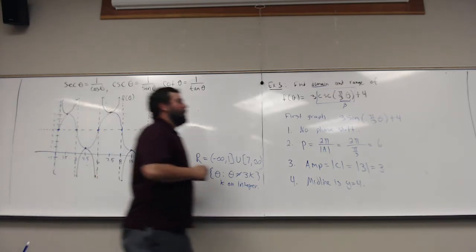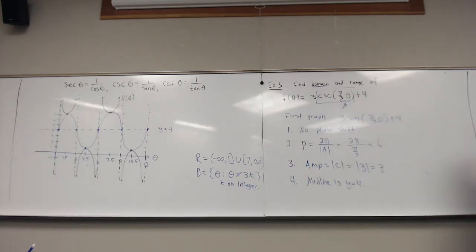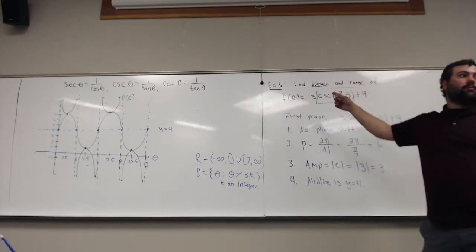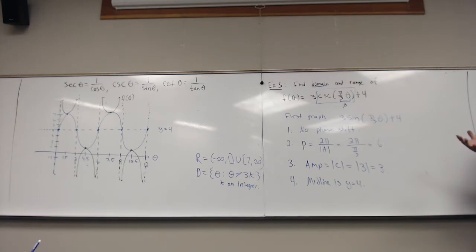Okay. On a test, if I ask you to find a domain and range of a transformed cosecant or secant graph, you can do it by hand like I did at first, or couldn't I also have found the domain and range just by sketching the graph of this function? Okay, so you can, I don't care what approach you take.